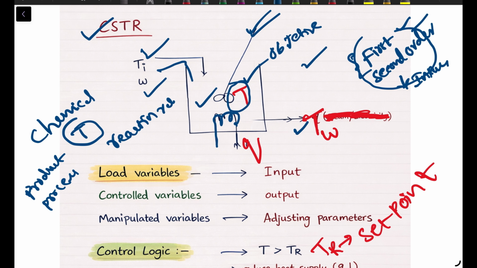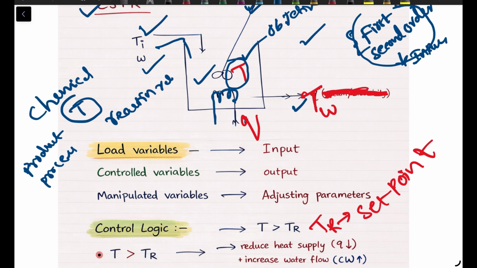Now let's see variables in control systems. So now let us understand the different types of variables involved in a control system. First we have the load variables. These are basically inputs or disturbances that affect the process but are not directly controlled.